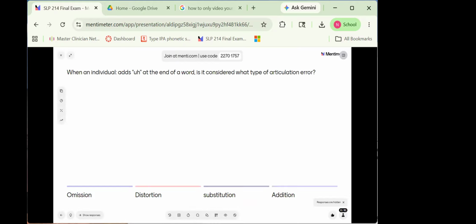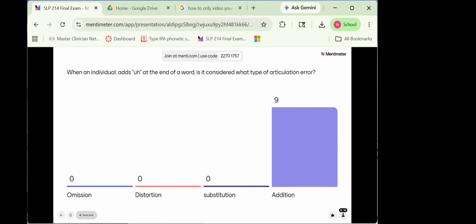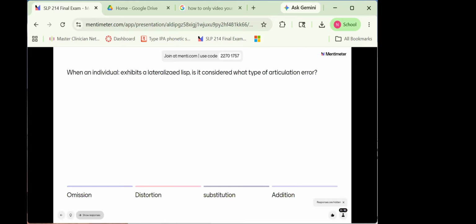When an individual adds a sound at the end of the word, it is considered what type of articulation error? Addition, correct. They're adding something on at the end.